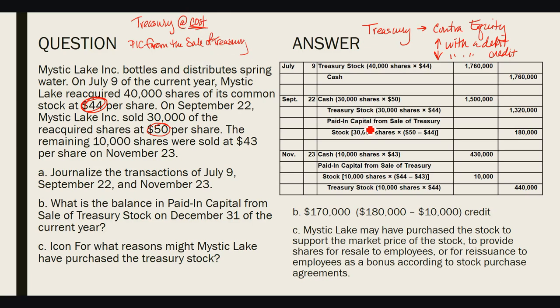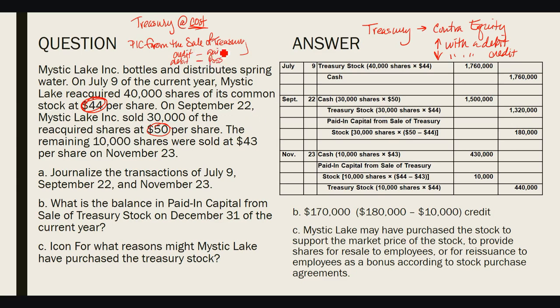If we sold the shares for more than we paid, we will credit this account. Loosely speaking, the credit functions as showing a gain, and a debit to this account loosely shows a loss.